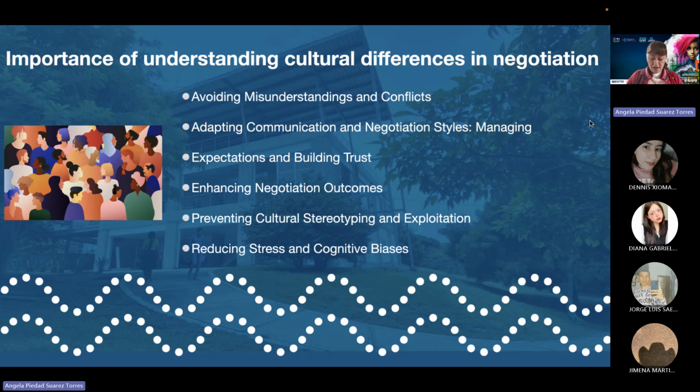So this is very important, just to avoid the stereotyping that we can have about a culture or a company. Reducing stress and cognitive biases: cultural stressors and stereotypes can cause negotiators to default to cultural biases under pressure. Awareness and strategies to reduce stress help maintain open-minded and rational decision-making during negotiations.